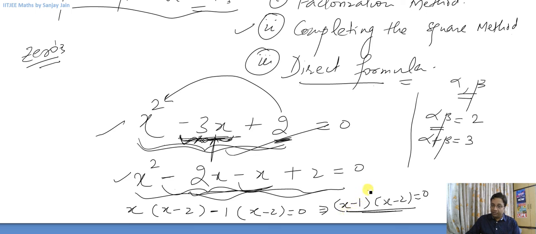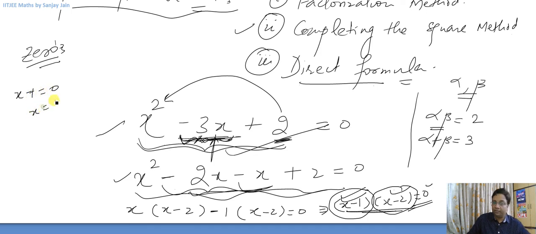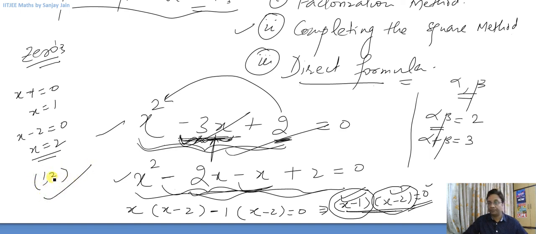I've got the product of two brackets as 0. So either this has to be 0 or this has to be 0 to make this equation true. So if I put x minus 1 equals 0, then x will be equal to 1. If I put x minus 2 equal to 0, then x will be equal to 2. So the roots of this equation are 1 and 2, using the factorization method.